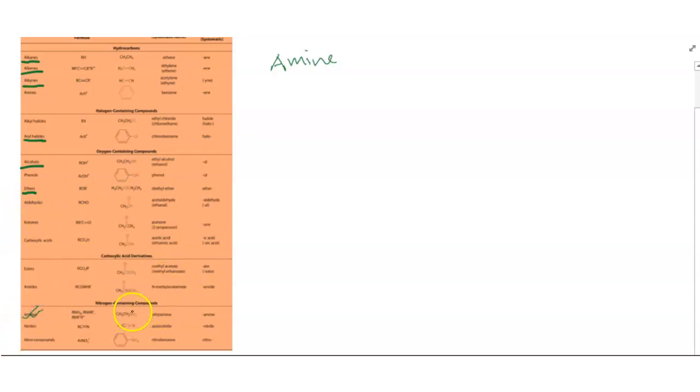The suffix is amine, and the prefix is amino.